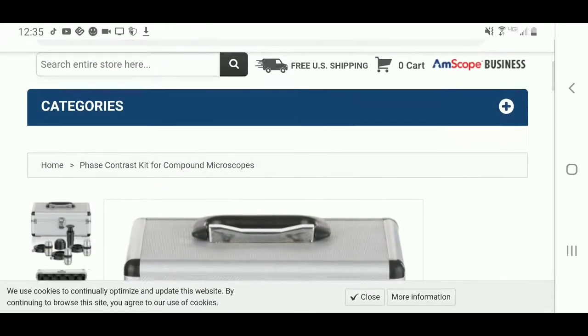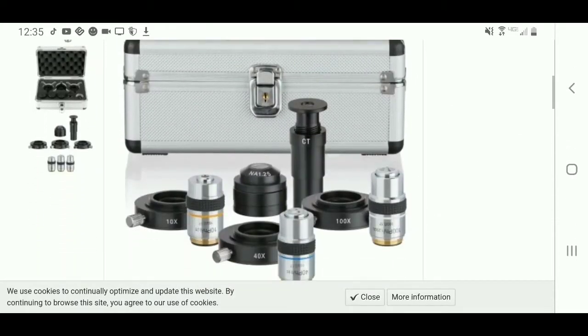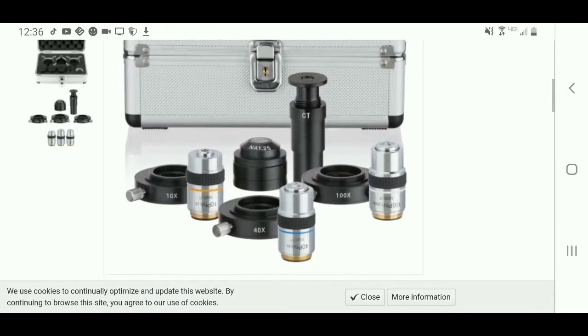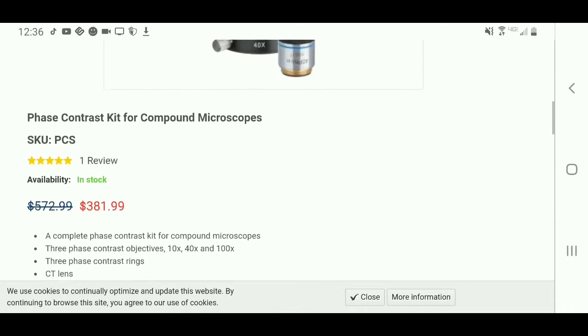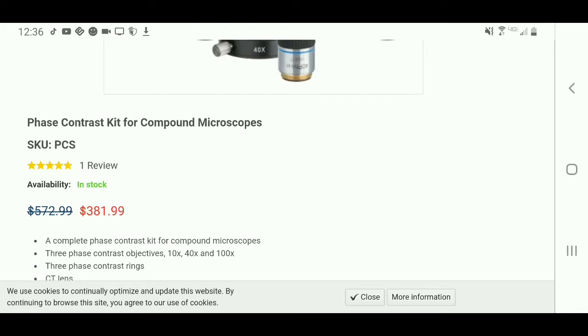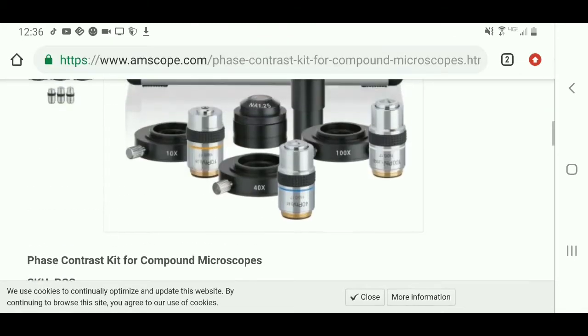I could potentially buy a phase contrast conversion kit, but these kits are really expensive, and I don't have the money right now, so I would have to find a better way.